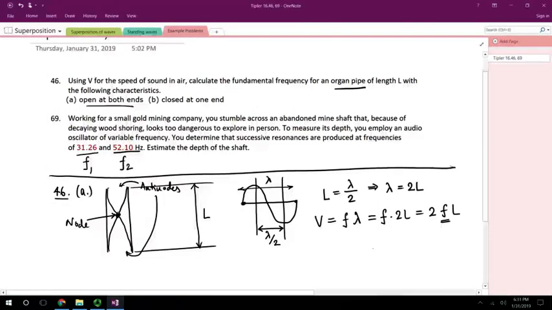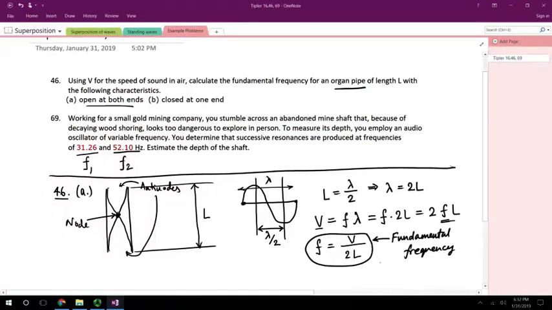Eventually we have to find f, so let's turn this equation around and write f equals v divided by 2L. All I did was divide both sides by 2L. And this is the fundamental frequency that we need.